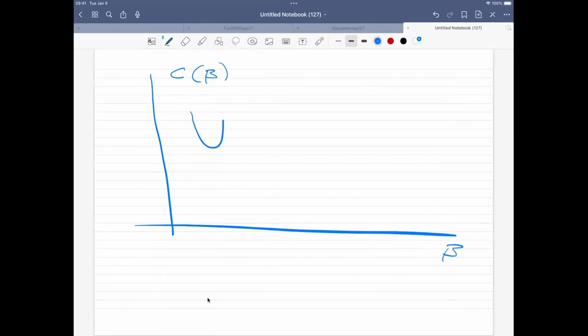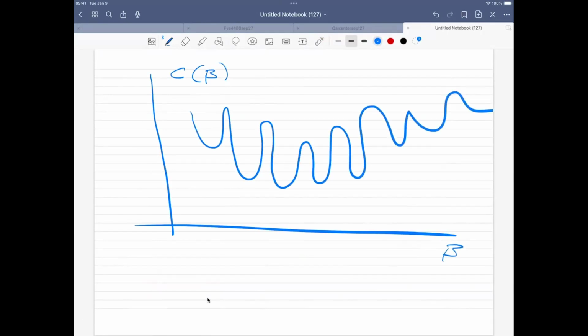And the function which we would like to optimize could be something like this. So let's just suppose it looks like that. And there is a global minimum which is the one we would like to reach, which we can call the beta ideal. And this is where we would like to be.